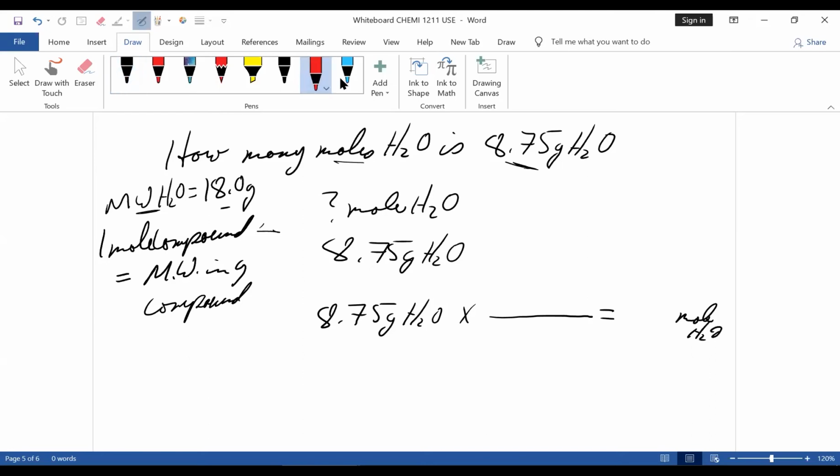Now use unit analysis. Whatever I'm trying to get to goes on top of this ratio. Whatever I'm trying to get rid of goes underneath. In this case, moles of water. Down here, grams of water. And where do I get that relationship? Right here. 1 mole of a compound equals its molecular weight.